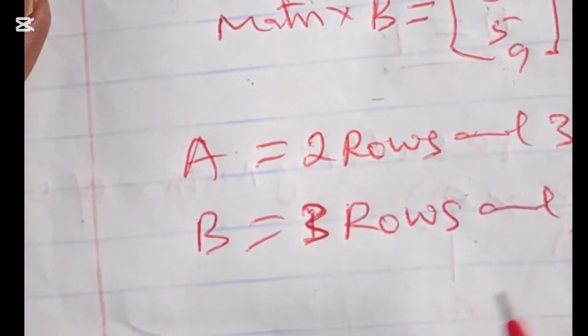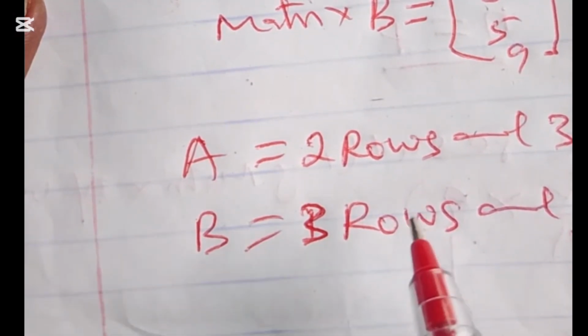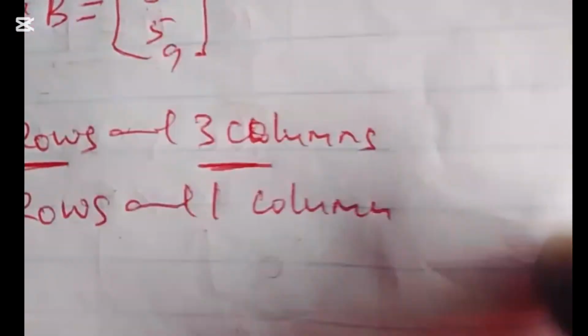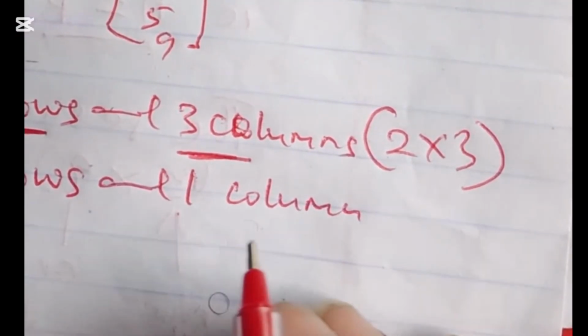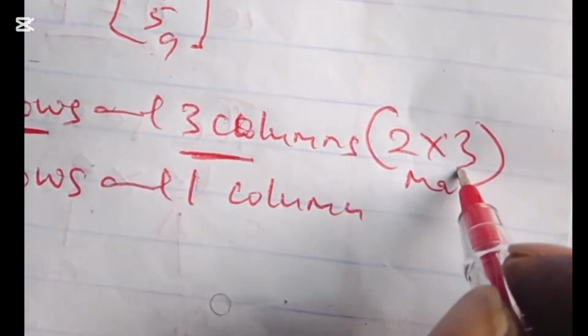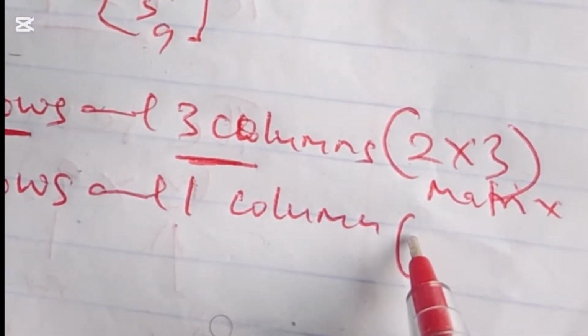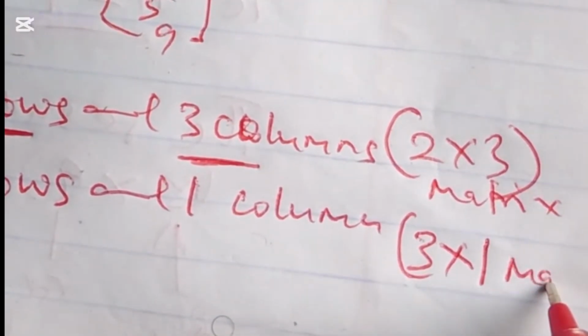Now you can see that this is a row of A and this is a column of B. We call A a 2 by 3 matrix and B a 3 by 1 matrix.